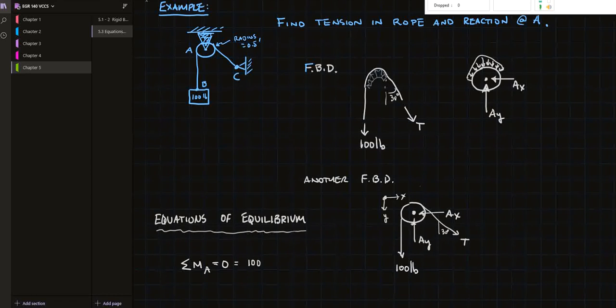Each of these are 0.5. And then I've got this, even though this is at a different angle, this has a moment arm here, obviously, and it's the same distance, 0.5. So we have minus T times 0.5. So this just reduces to, with algebra, T equals 100 pounds, as we suspected.